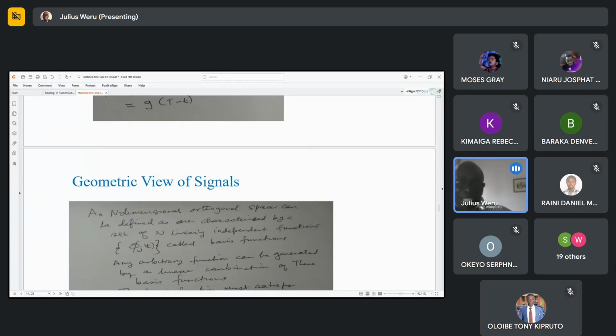So if you have an n-dimensional orthogonal space, sometimes the concept of an n-dimensional orthogonal space doesn't seem to make sense. It's not very intuitive.